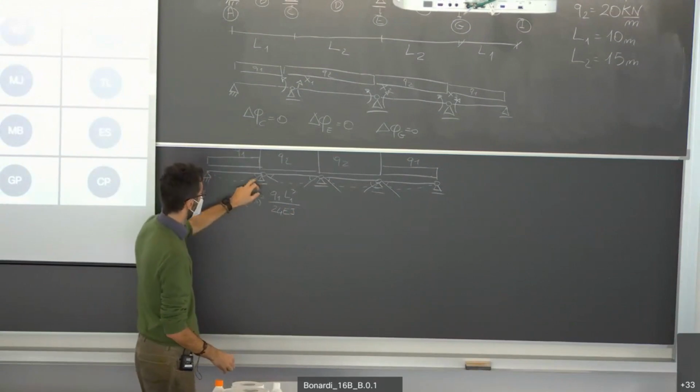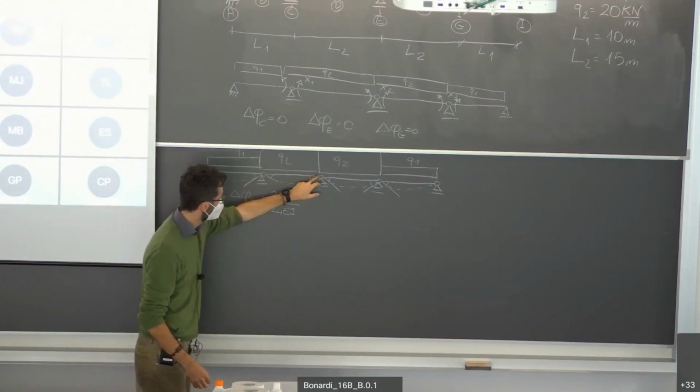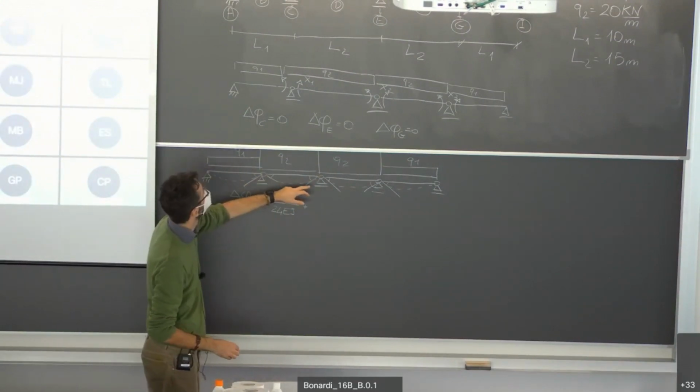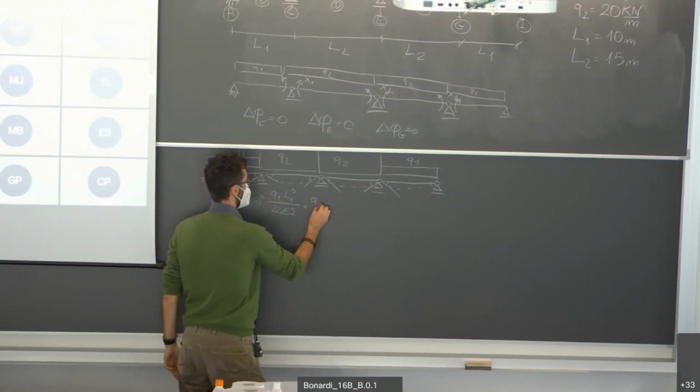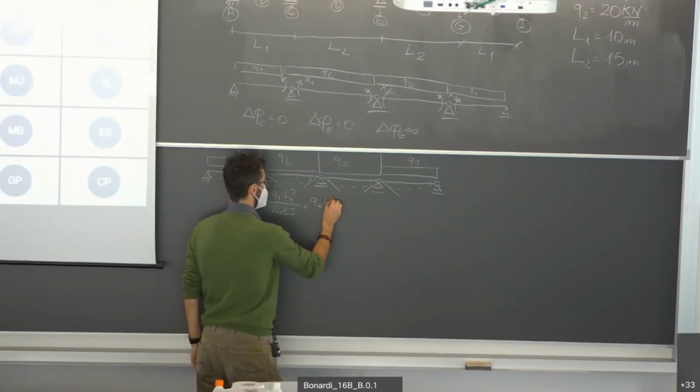Okay, this is the rotation in the first beam, AC, plus the rotation in the second beam, CE, which is qualitatively the same, but the load this time is Q2 times L2 to the power of 3 over 24 iota.